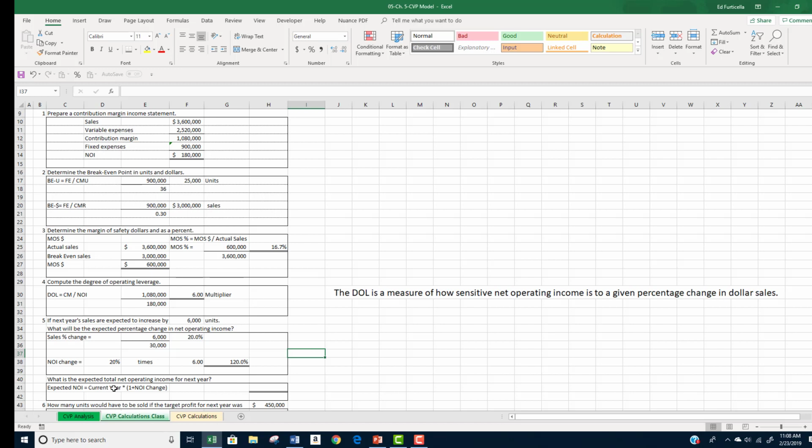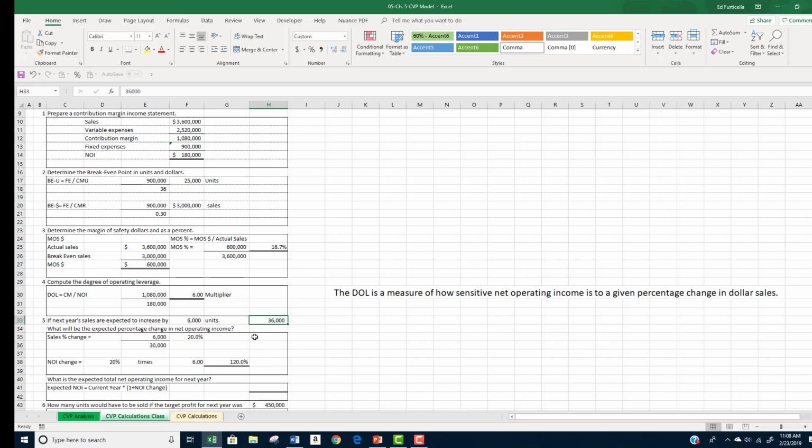Before I move on to the next part of this question, let me address this percent change, because in some problems, instead of saying next year's sales are expected to increase by 6,000, they'll say next year's sales are expected to increase to 36,000. If they're going to increase to 36,000, again, we have to figure out the percent increase.